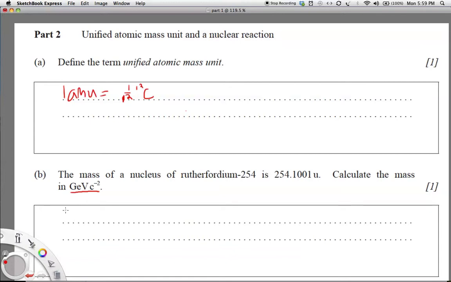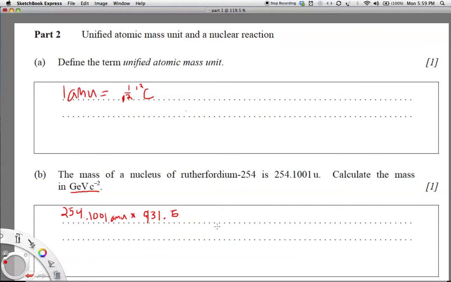All right, so we got 254.1001 AMU, and we're going to multiply this. If you look in your formula packets, you'll find it by 931.5 mega electron volts per c squared.